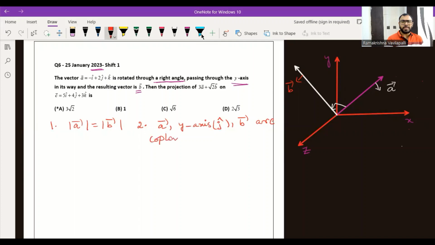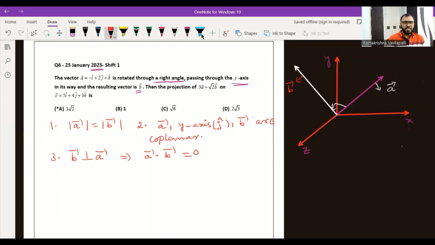What is the third point? A bar is perpendicular to B bar, so B bar is perpendicular to A bar. This implies A bar dot B bar equals 0. So we will use these three conditions to determine the vector B bar.